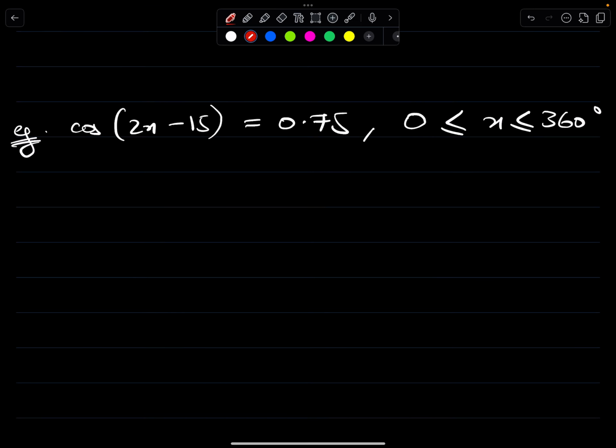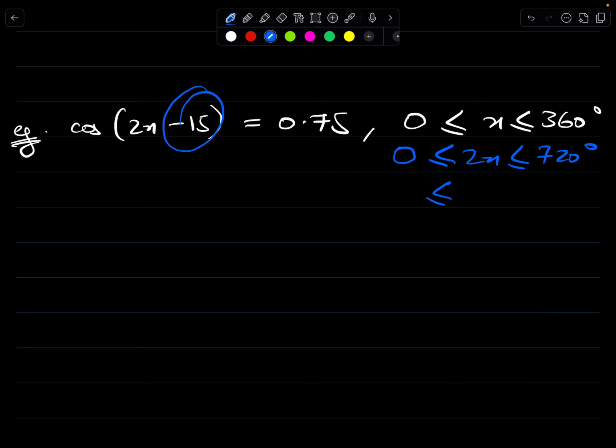Then our last and final example is this. First of all, alter the range, multiply everything by 2, thus we have something like this. Then subtract 15 from everything, and our range looks something like this. So 2x minus 15 degrees lies between minus 15 degrees and 705 degrees.